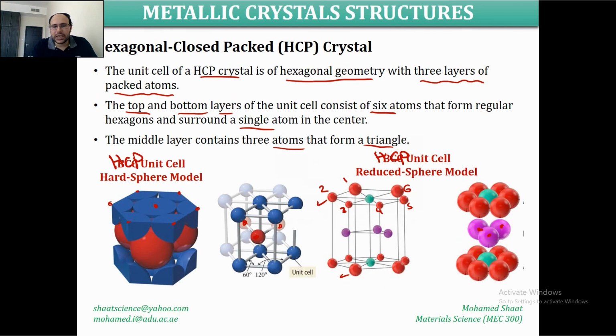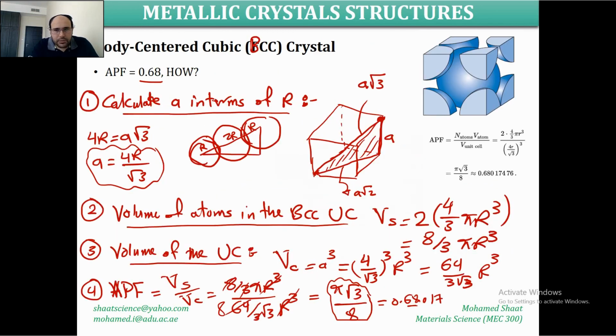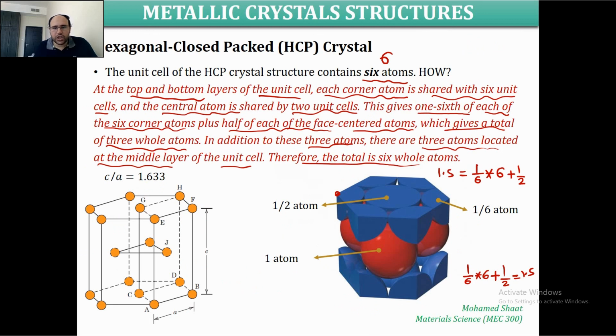But how about a hexagonal shape? The hexagonal crystal structure requires two parameters, not just one. One is this side edge of the hexagonal face. Any hexagonal face, its edges should be identical. They are equal. It has 6 edges, 1, 2, 3, 4, 5, 6, and all of them have the same length.